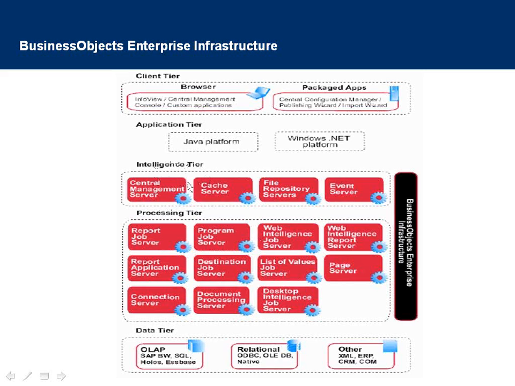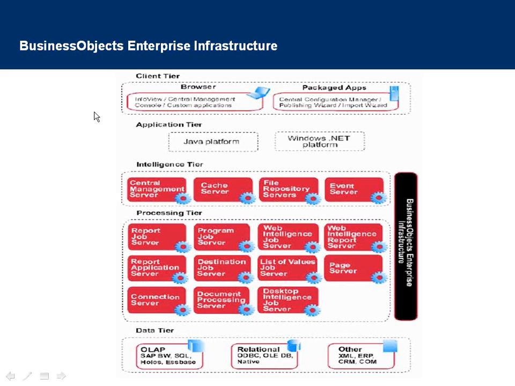In this intelligence tier, there is a set of services running in the backend. There are 4 types. One is the Central Management Server, which is the main server that interacts with all your remaining tiers and the other services, and maintains the integrity of your Business Objects Enterprise.